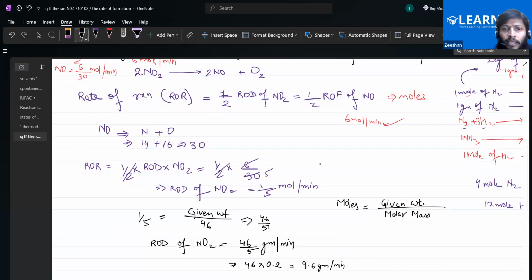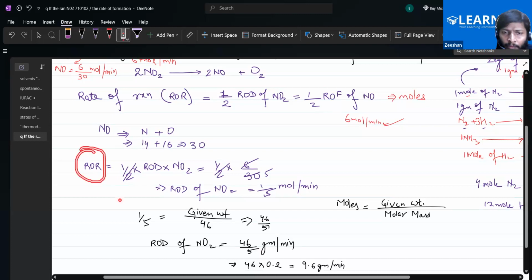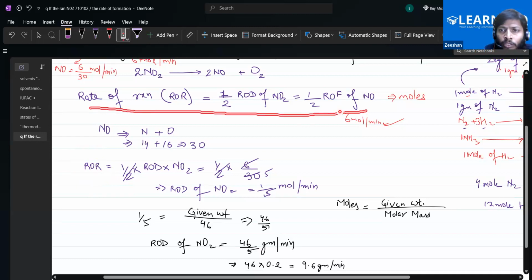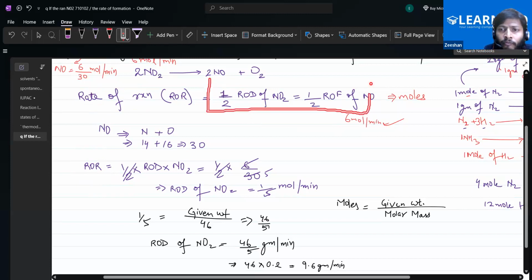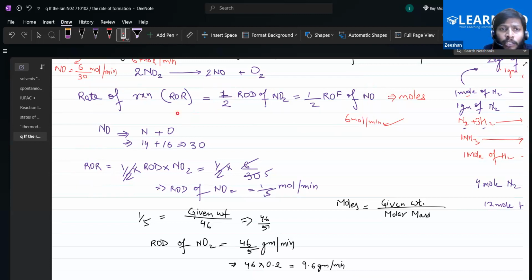See, actually, now we are not interested in this. In this question, we are not interested in the rate of reaction. I'm giving the next question where you have to find rate of reaction also. In this, we have just written this formula, however, we don't want this formula. We want only this part of the formula. So just forget this one.